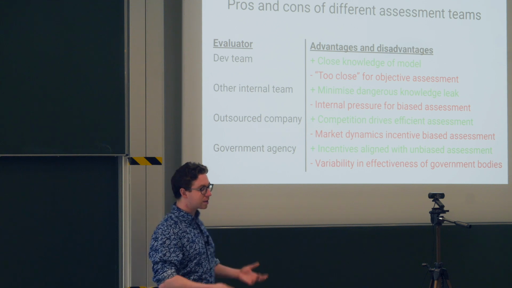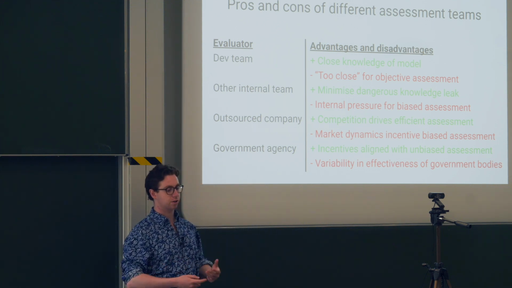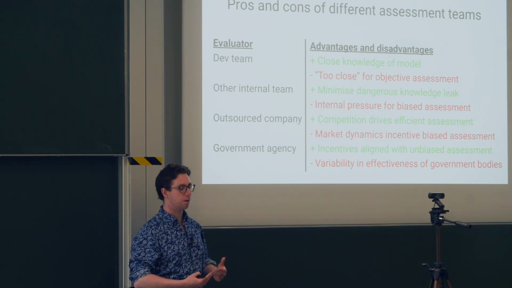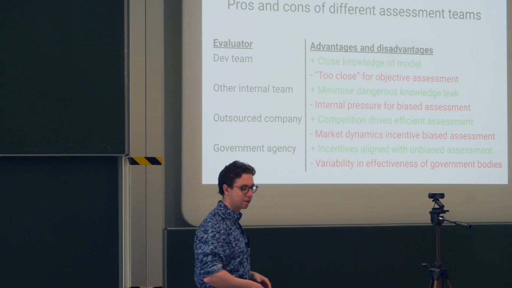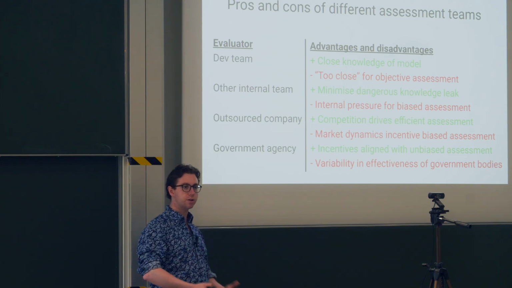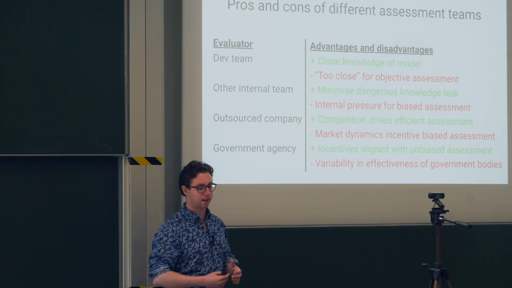If it's a research institution, then generally there's less pressure to achieve certain results, and you can be more confident in the results that are released. But if it's an outsourced company that's doing it on a contractual basis, there are again market dynamics that incentivize biased assessments.